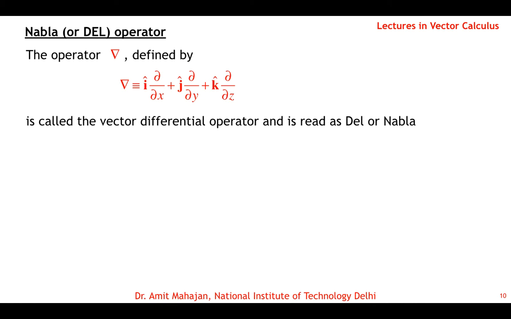Another definition is the del operator or the Nabla operator. The operator written by this symbol and defined by i cap times partial derivative with respect to x plus j cap partial derivative with y plus k cap partial derivative with z is a vector differential operator, and is read as del or Nabla.